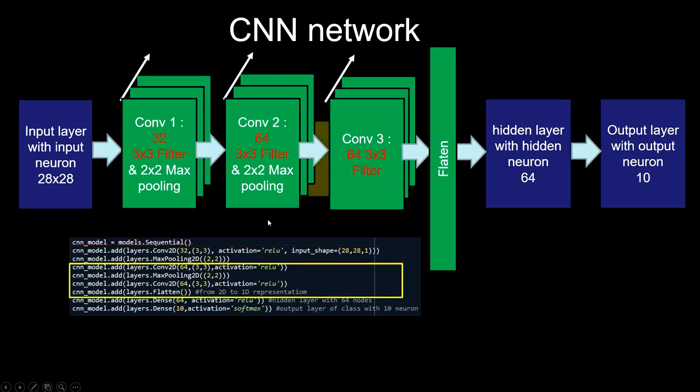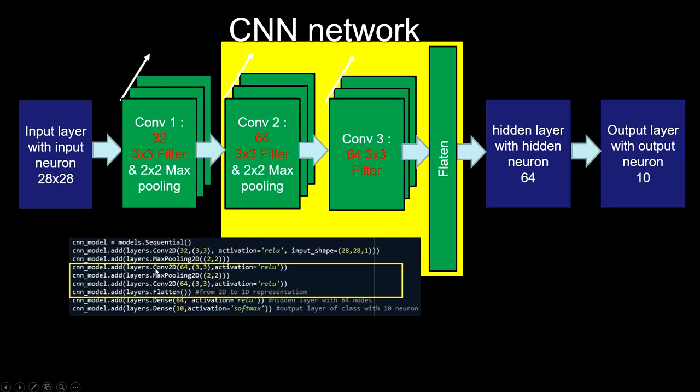For the second part, which is the yellow part, this is the stack of the convolutional filters until the flatten. How are we able to do this? Let's say for the second convolutional layer, you just need to add layers dot Conv2D, and then we have 64 filters with 3 by 3 dimension.